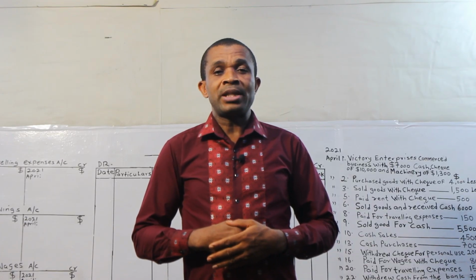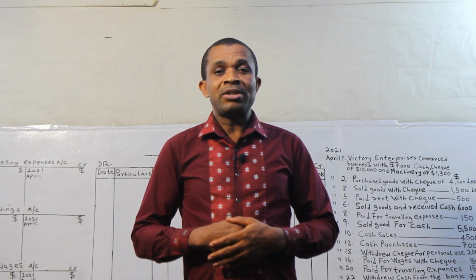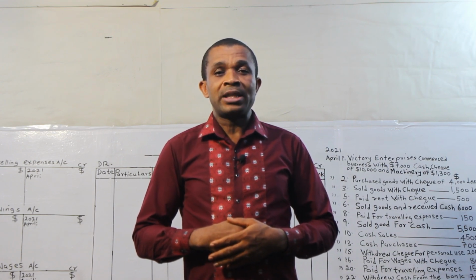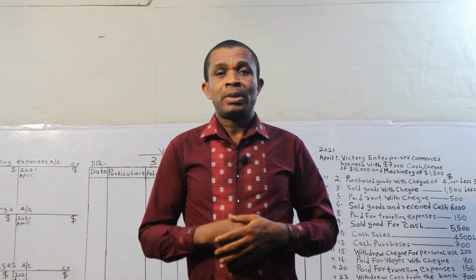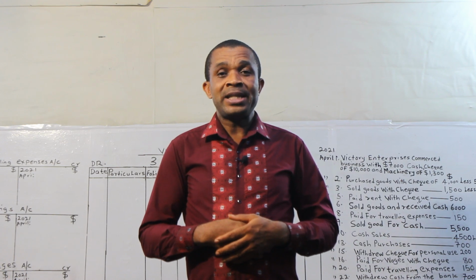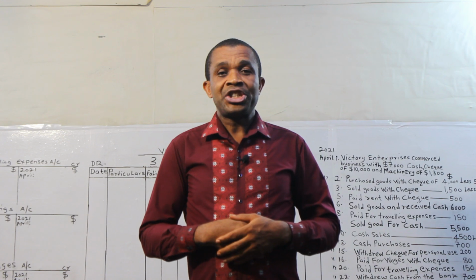April 1st, 2021, Victory Enterprises commenced business with $7,000 cash, check of $10,000 and machinery of $1,300. Now, the owner of the business gave out three things so that the business can start. He gave out cash, check, and machinery.